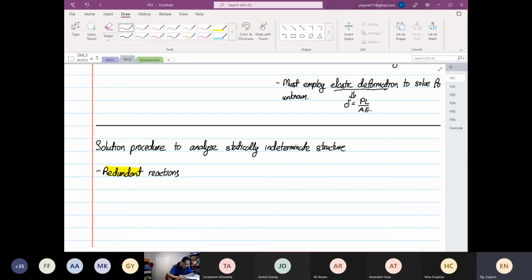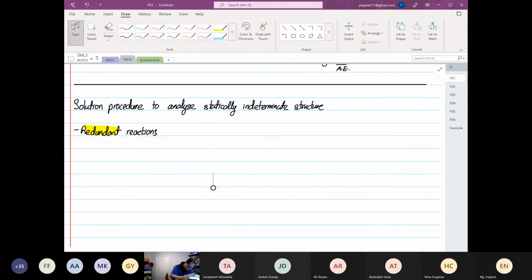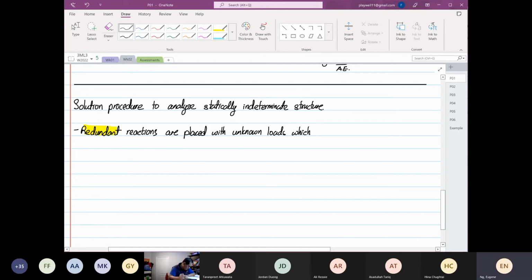The redundant reactions are placed with unknown loads which, along with other applied loads, must have compatible deformation.